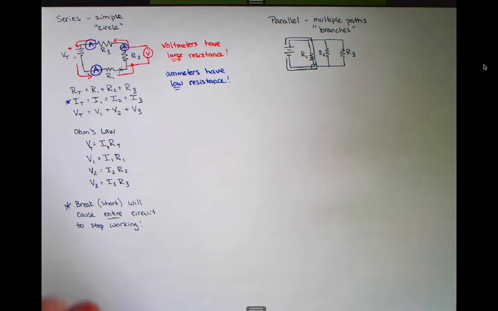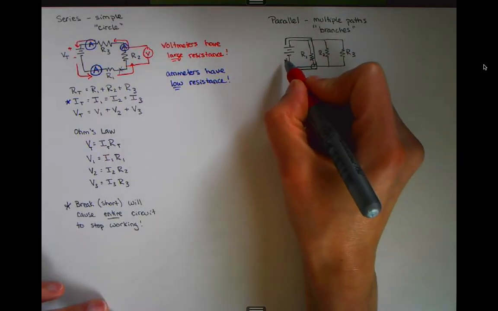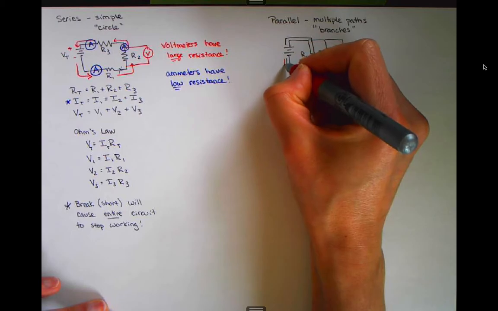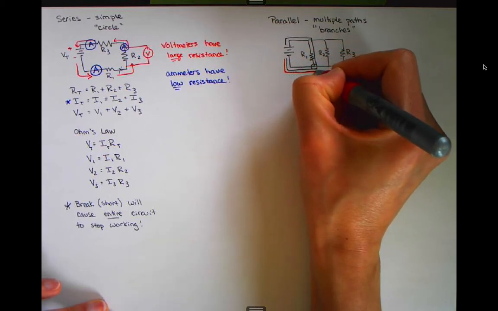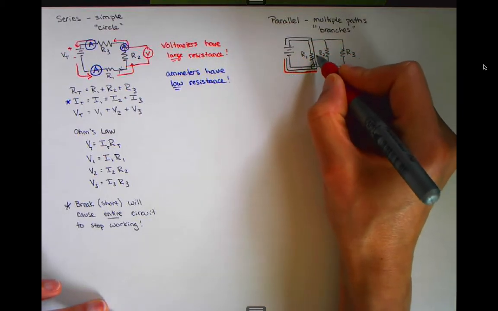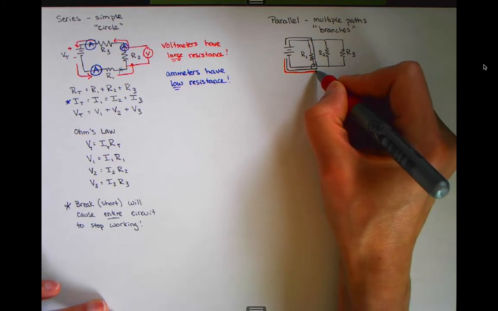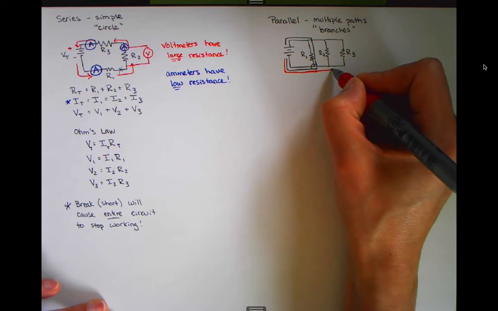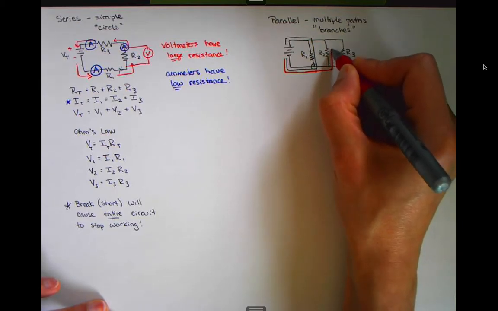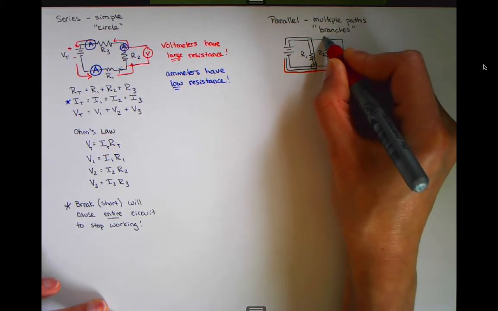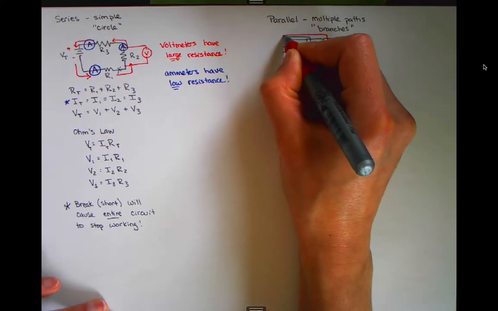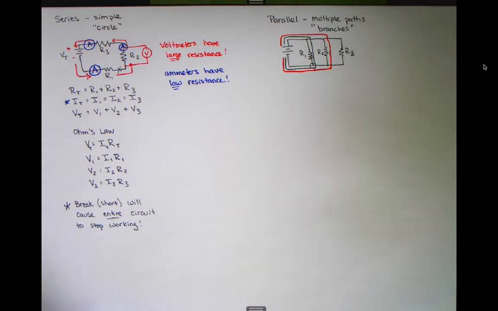My next current, I'm going to use a red color. So my next path of current is going to leave the battery. I'm going to draw it right next to this. And instead of going through R1, we already had the black line go through R1, this one's going to continue on. So it gets to that point and it's going to keep going. And so when it gets here, it's going to decide to go through R2. And then it will travel back to the battery.